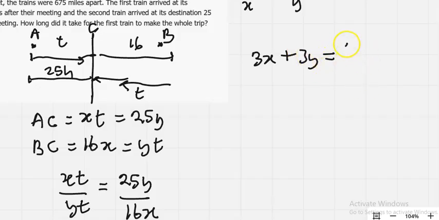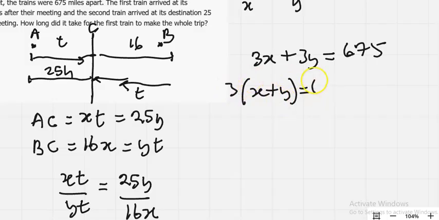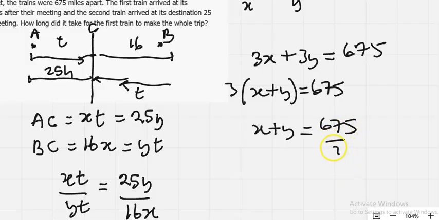Everything will sum up to 675. So x plus y equals 675 over 3, which gives us 225.